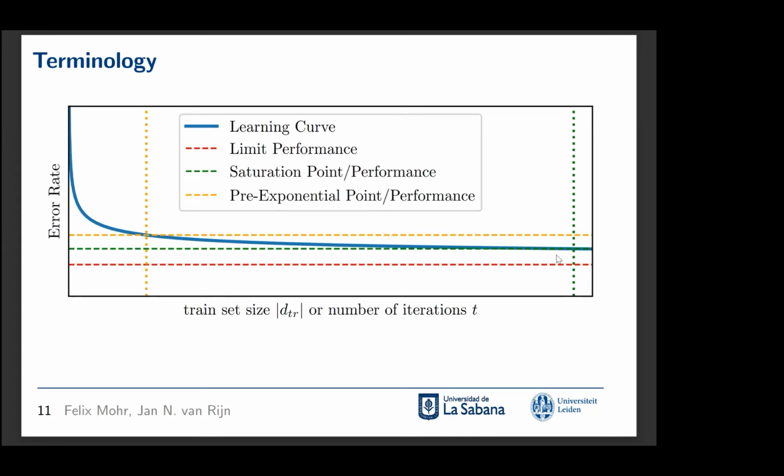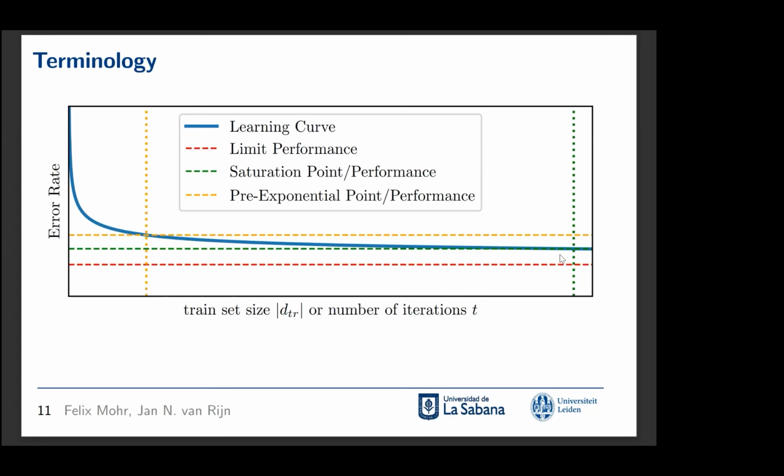At some point, these curves will converge, which is here the red line. The red line shows the limit performance: the performance you get in the limit if you had an infinite number of samples or an infinite number of time steps, iterations available. But often we don't get there. Before that point, there's what we call a saturation point.